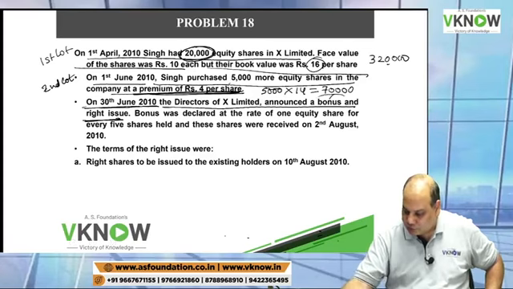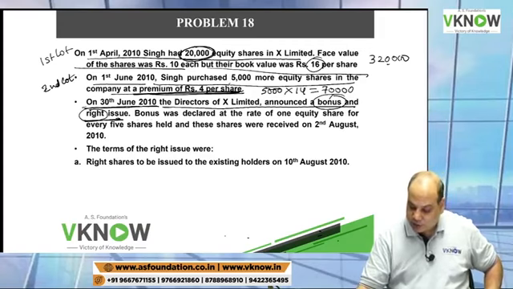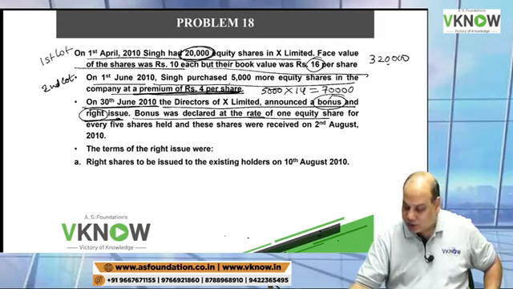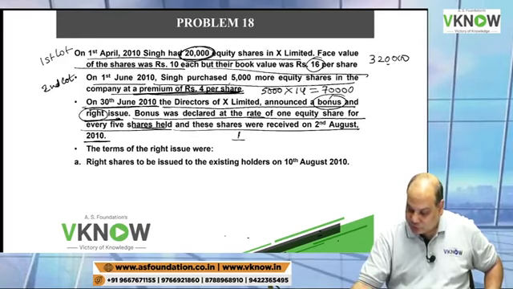Bonus means free of cost. Right means you have to pay a price for it. Bonus was declared at the rate of one equity share for every 5 held, and these shares were received on 2nd August. So number of bonus shares is 1 by 5 into opening balance plus 5,000.